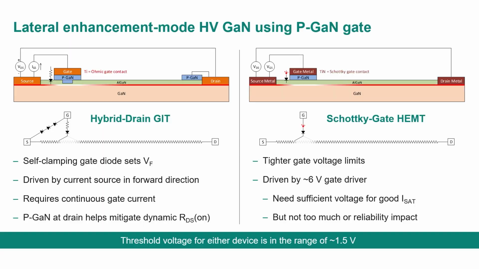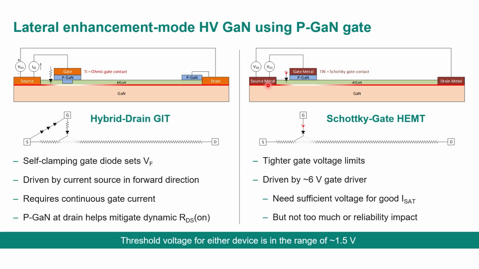Let's next look at the gate structure and the differences between the so-called hybrid drain GIT and the Schottky gate. Most of the devices you'll see on the market today at any voltage are what's called the Schottky gate transistor. Both of these, no matter which gate structure it is, are lateral devices.